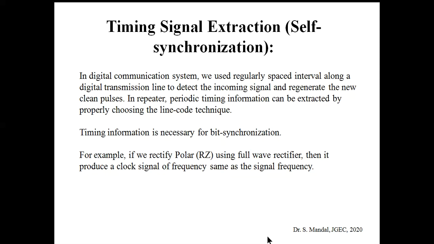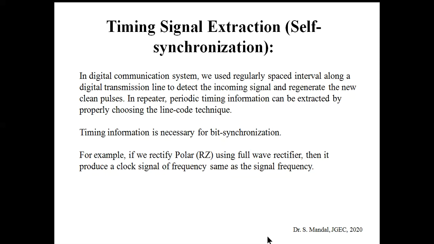In a digital communication system, we use regularly spaced intervals along a digital transmission line to detect the incoming signal. It is also required to regenerate new clean pulses for the repeater. The operation of the repeater will be discussed in the next slide.